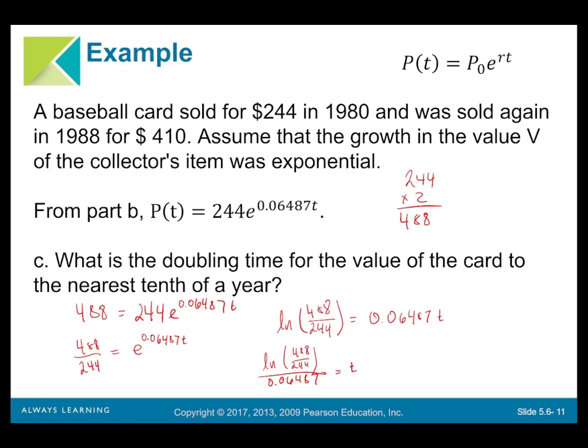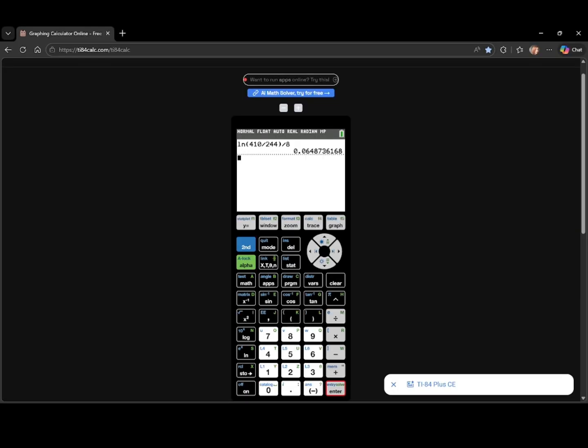So let's go ahead and get that decimal from our calculator. We have natural log 488 divided by 244 divided by 0.06487. That's 10.685. And it said round to the nearest tenth, so that's 10.7.